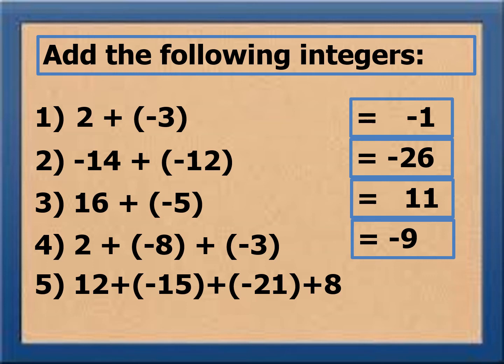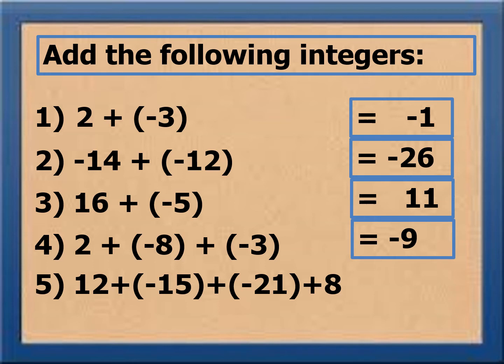For number 5, if you want to proceed to addition for the positive numbers or negative numbers first, you may do so. Okay, but you may also follow the order. So that's 12 plus negative 15 is negative 3.